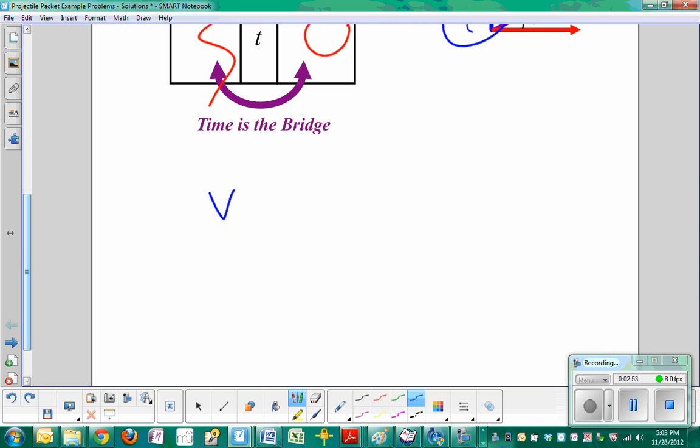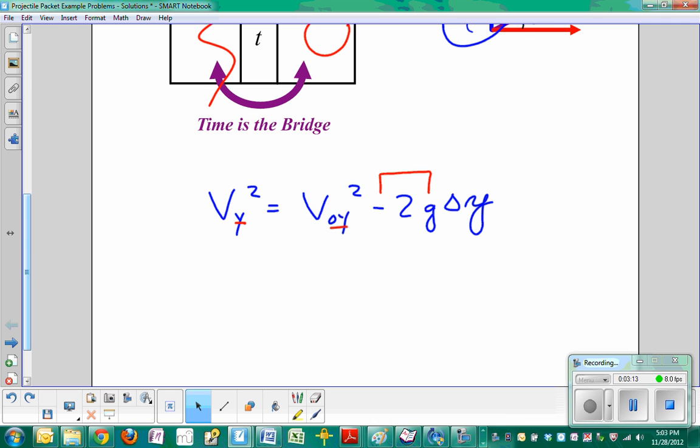So we know that Vy squared is equal to V naught y squared minus 2g delta y. Notice that we have the y subscript in here indicating that all the things we're talking about are in the y direction, and we have the very specific y acceleration, which is negative g.